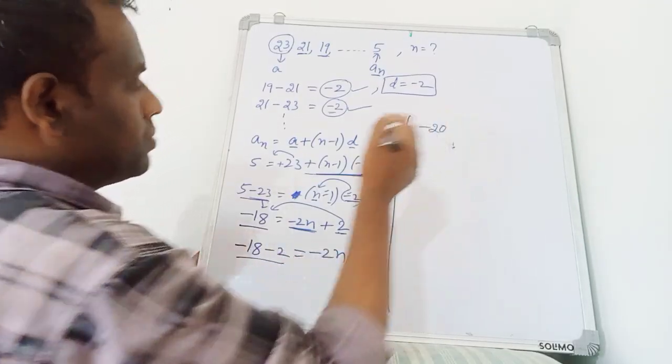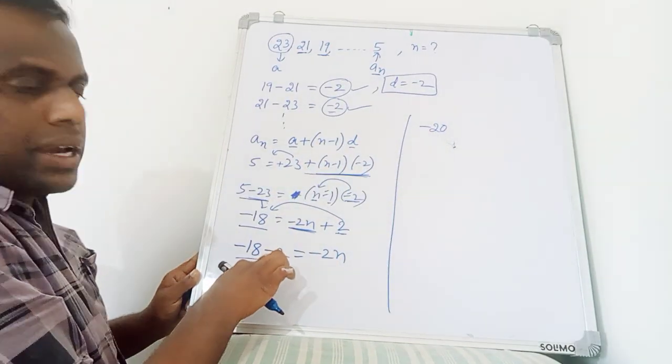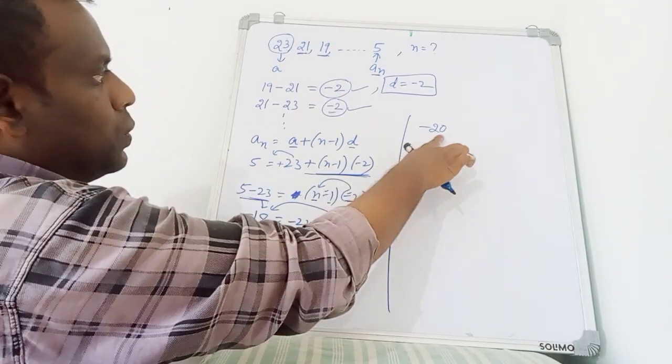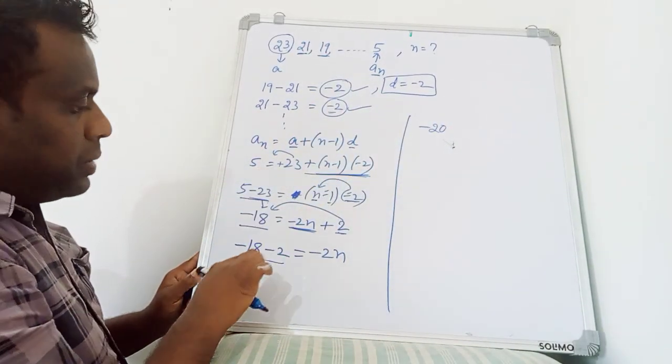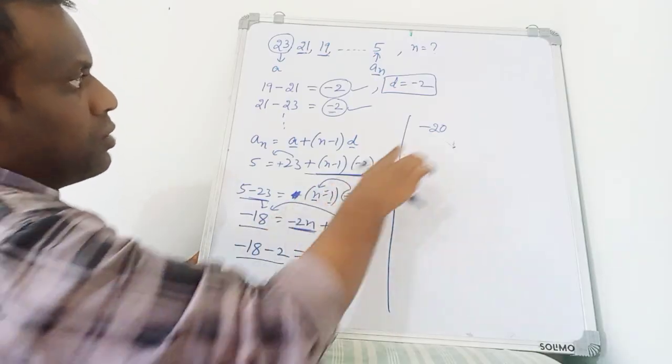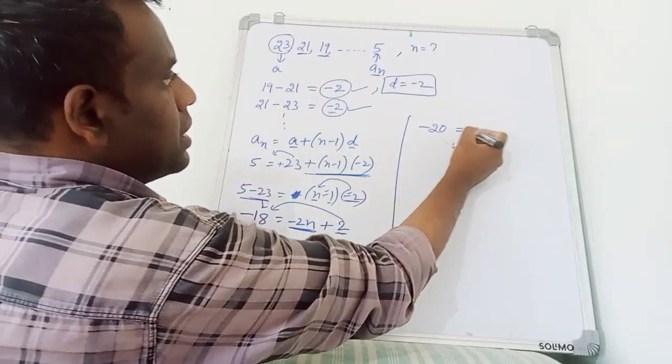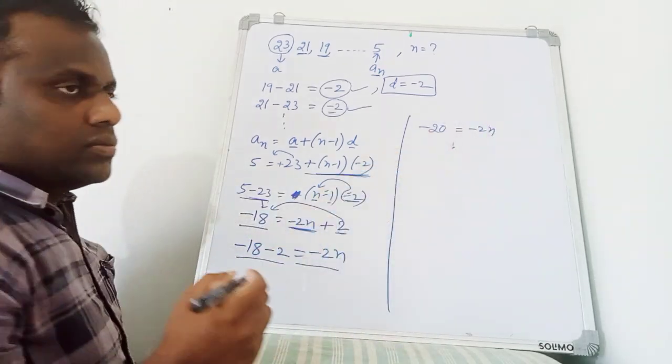Minus 20. Because we have to add 18 plus 2, 20. The sign in front of the bigger number 18 is minus, so we write minus 20, which is equal to minus 2n.